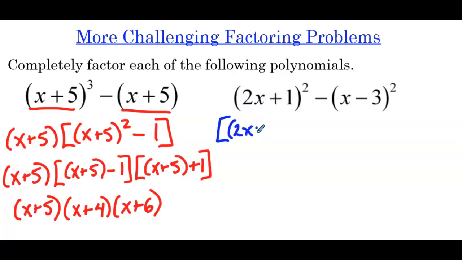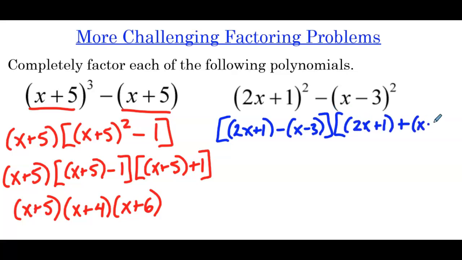So we're going to have (2x + 1 - (x - 3)) and then (2x + 1 + (x - 3)). Now we have to clean up our factors. So first thing we want to do is distribute that negative.